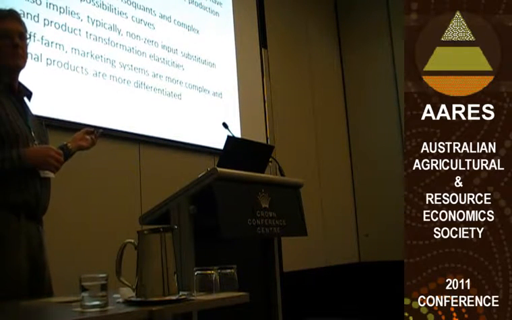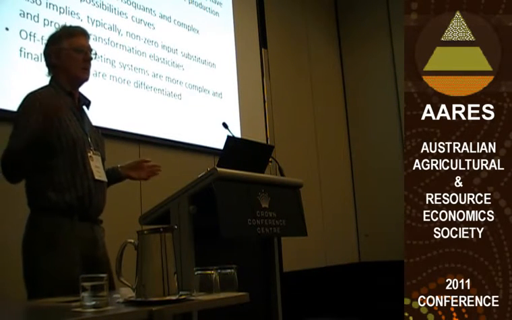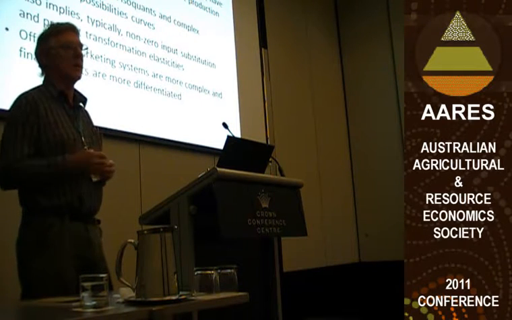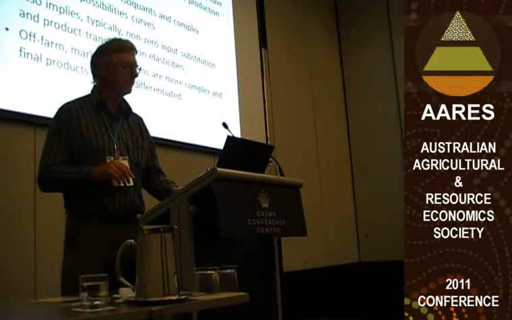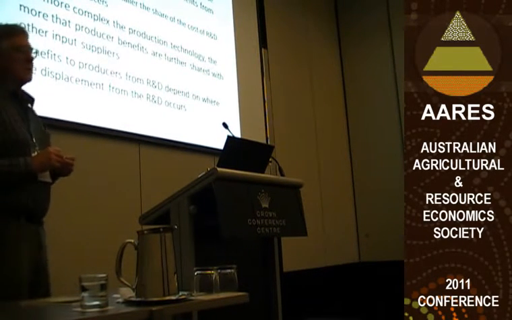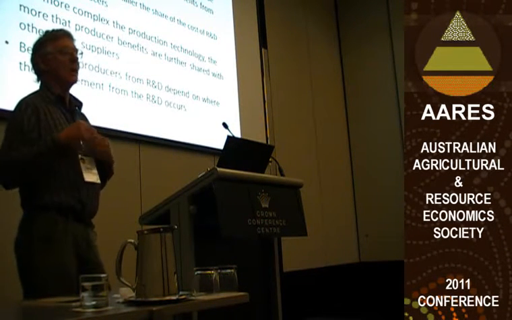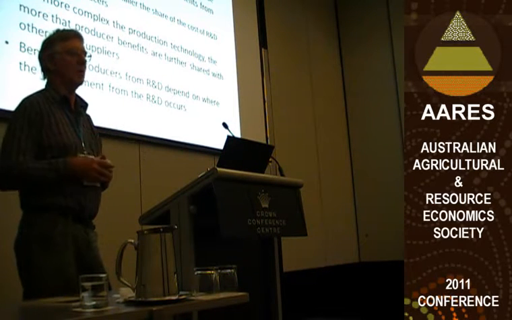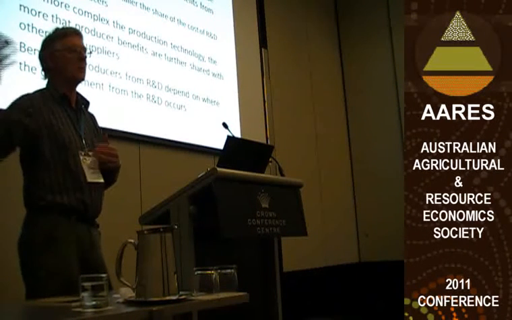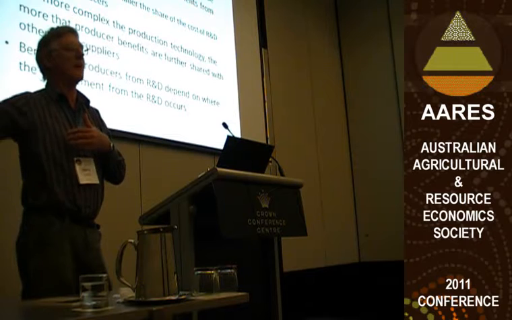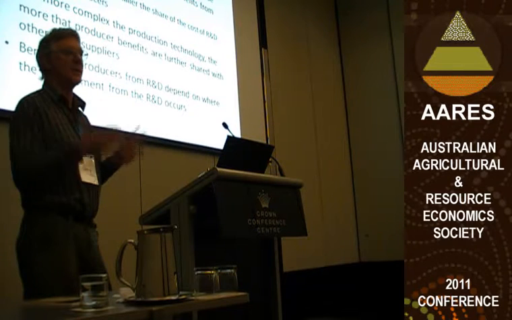Also, we know that the whole marketing system, the off-the-farm-gate stuff, is getting more complex, longer, more extended, and as Vic was talking about, there's this move towards more differentiated products. Okay, that's just background. What it means in terms of R&D is that when you've got these complex marketing systems overlaid on the complex production system, the more complex and extended the system, the more value there is off-farm relative to on-farm, and the smaller the share of total benefits from any R&D flows back to the farm.